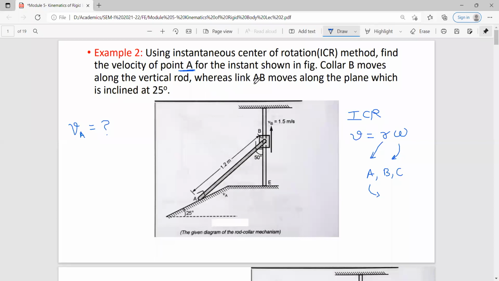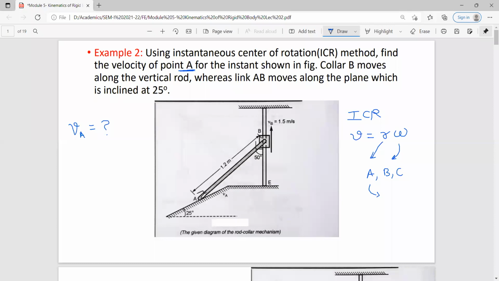Whereas link AB moves along the plane which is inclined at 25 degrees. So when point B is moving up, point A is sliding along this plane which is at 25 degrees.